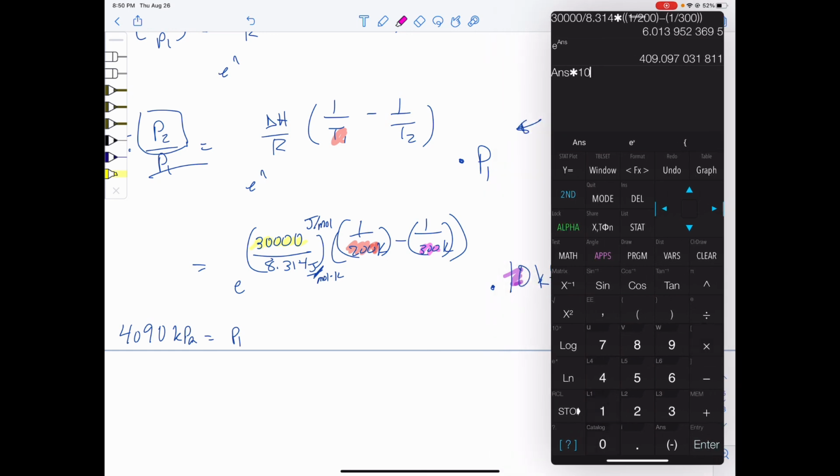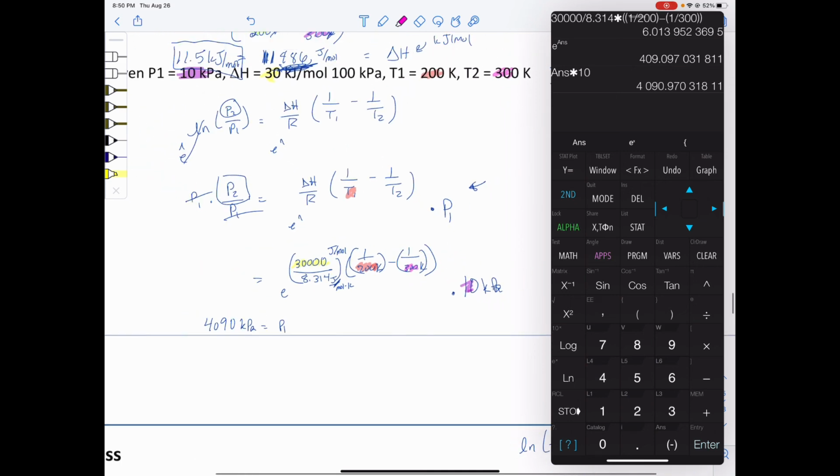So times 10. So 4090, and the unit on that is kilopascals, and I knew that because all the units in the exponent region canceled, but the kilopascals over here, they came from the P1 value. They didn't cancel out, so that's how we know it. P2 is. I was solving for P2 the whole time.